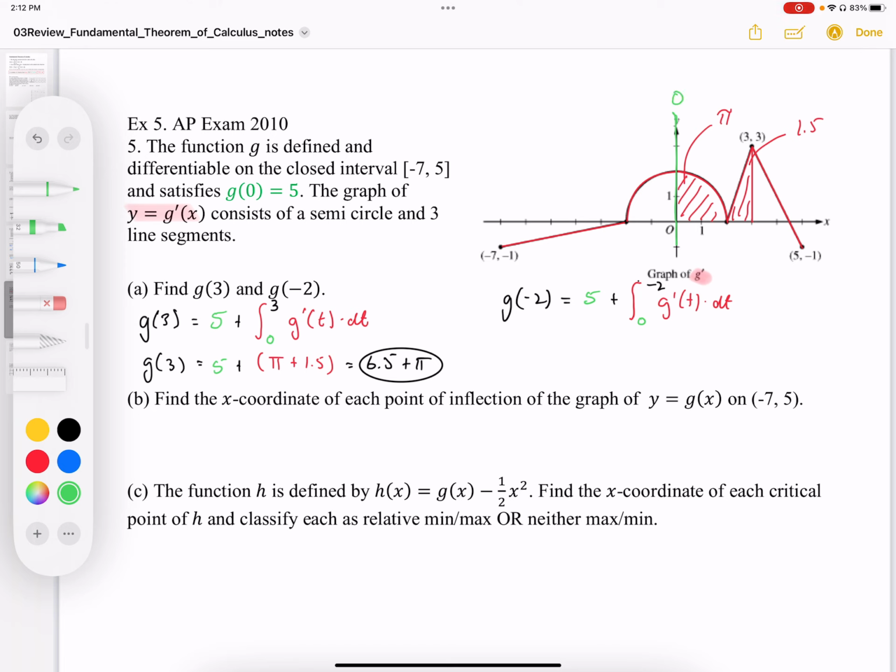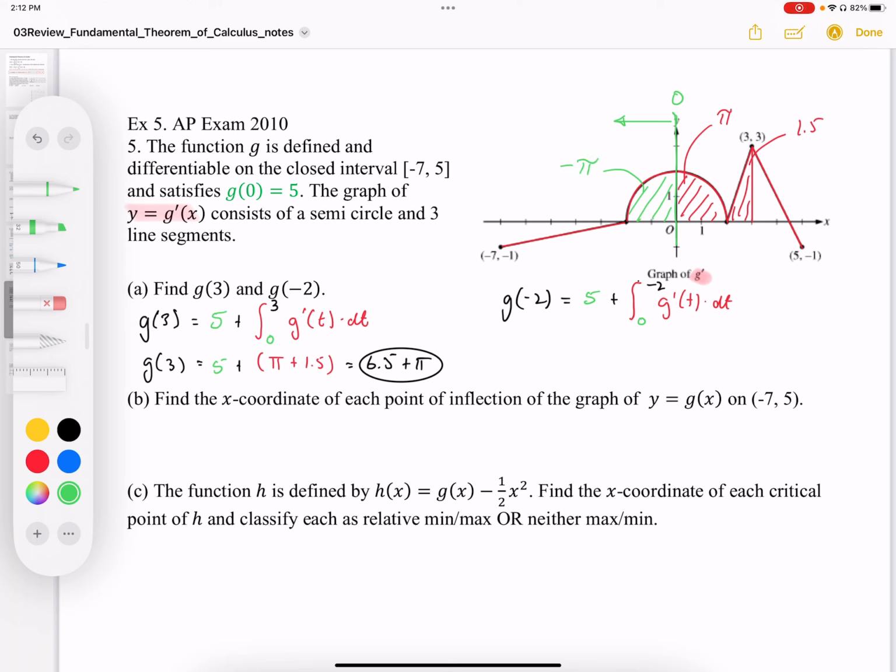But now we're integrating in the direction of right to left. So that means when we get to -2, that's going to be this area here. Although the area is pi and above the x-axis, we know that areas above, going backwards, are going to be negative displacement.